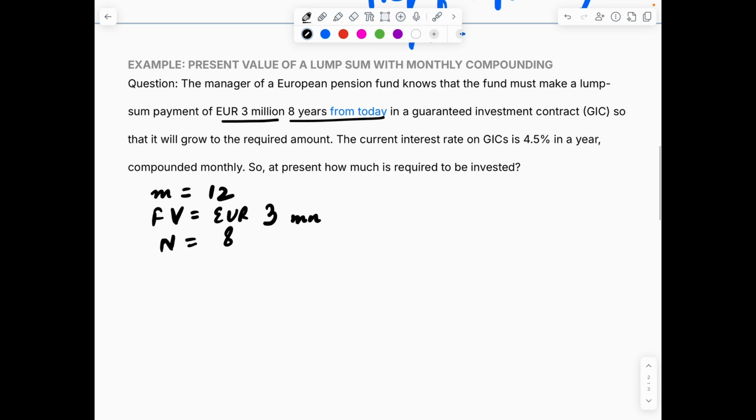In a guaranteed investment contract, it will grow at a required amount. The current interest rate is this much in a year, 4.5%, or you can say 0.045, compounded monthly. So at present, how much is required to be invested?